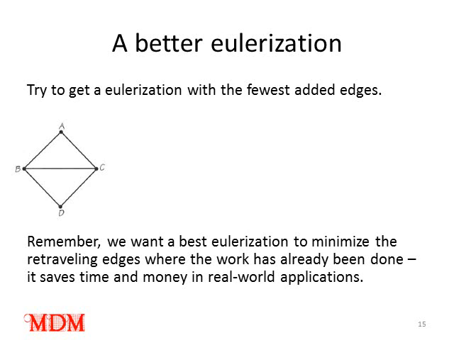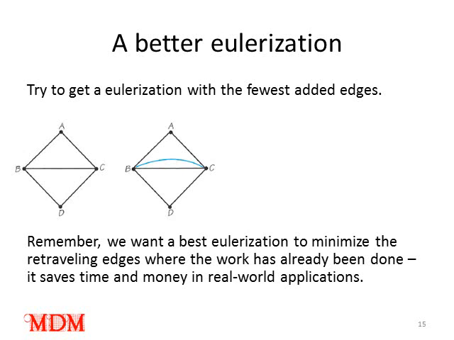Let's look again at the example that we worked with earlier. In this case, we had duplicated edge BA and edge AC.